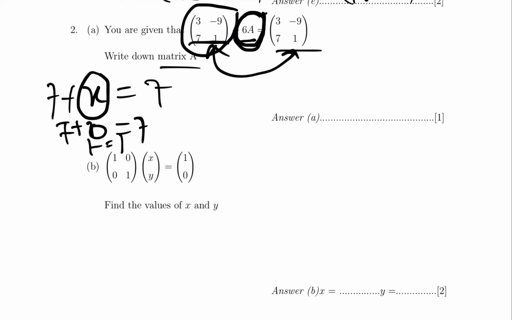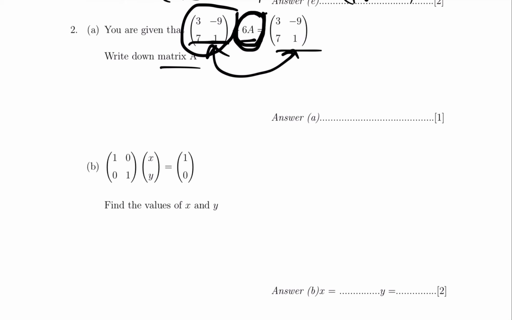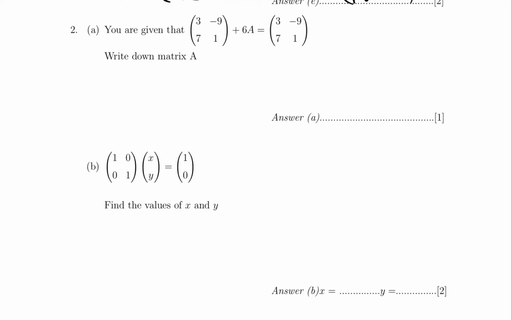So even here, it means A is a zero matrix, meaning every element of A is 0. But one thing again to note is that the matrix A should have a 2 by 2 order, because for addition to be possible, matrices should have the same order.